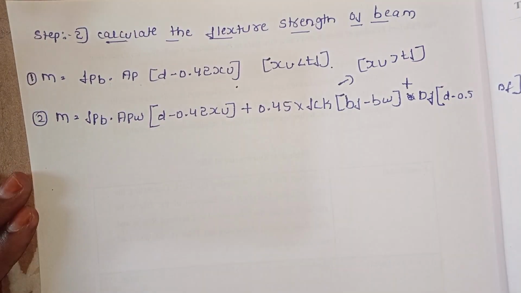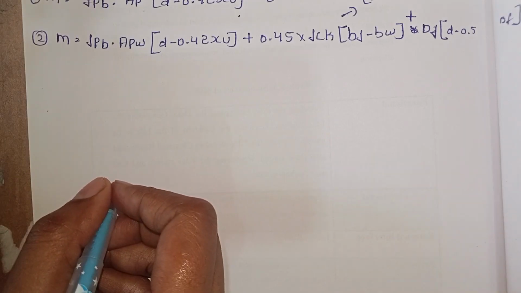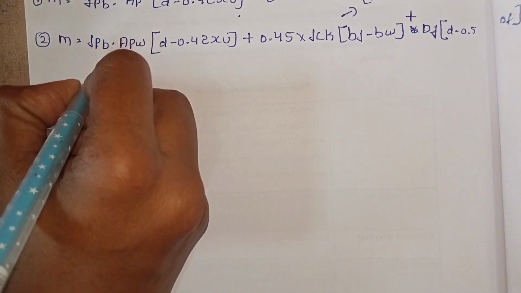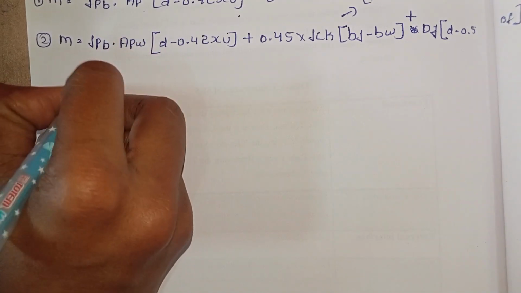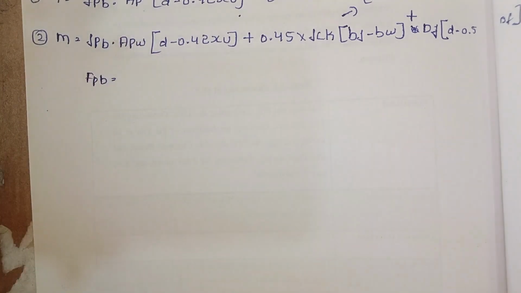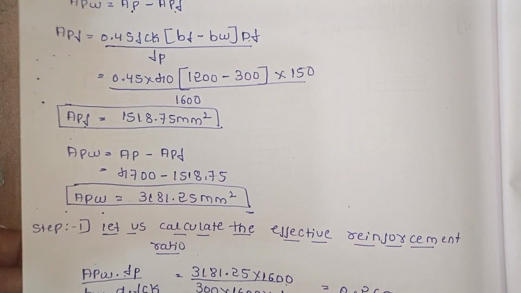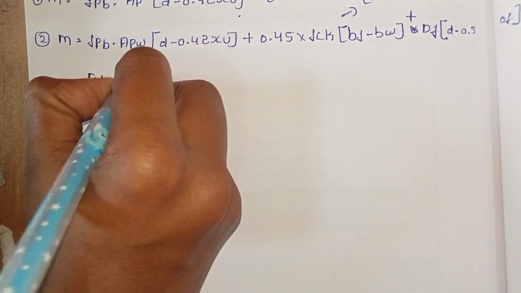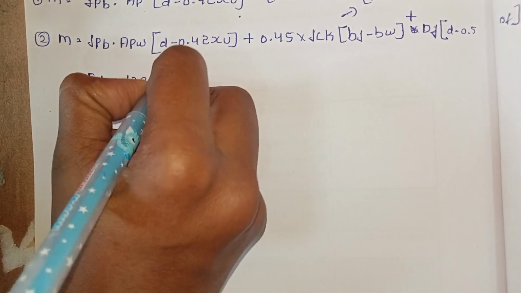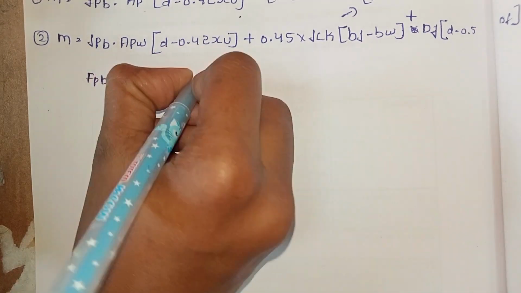Now, the given question is the second condition. So FPB value is 1392 Newton per mm square.